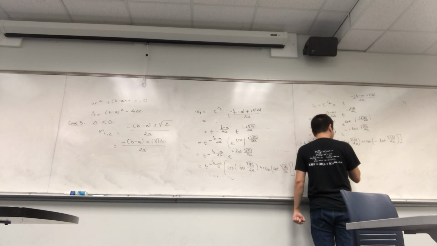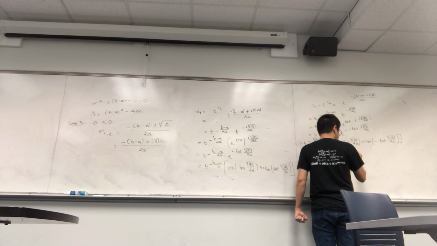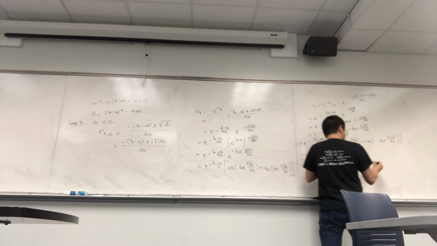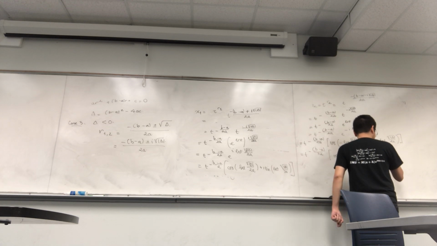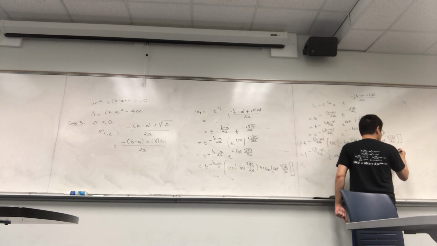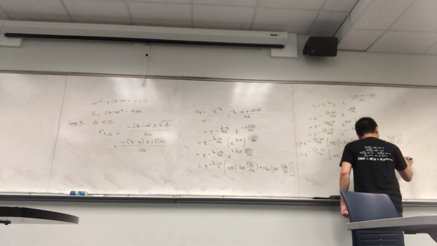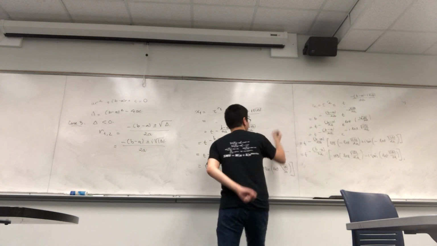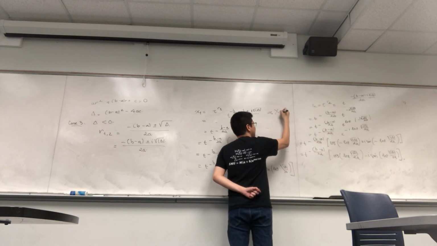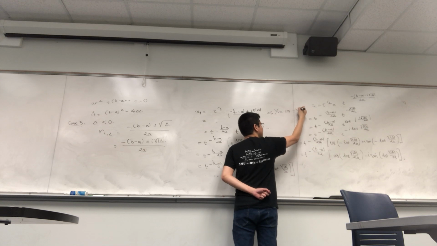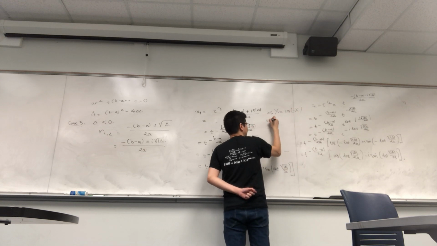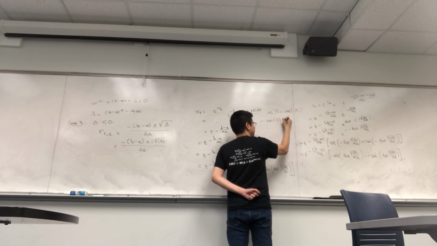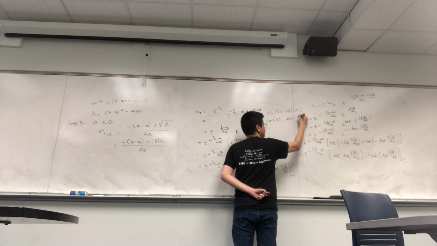So I have cosine of log t square root delta over 2a minus I sine of log t square root delta over 2a. All right? Because here we have cosine of x is cosine of minus x, and minus sine of x is sine of minus x.